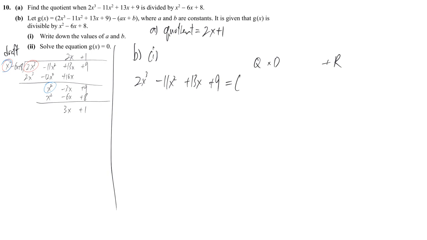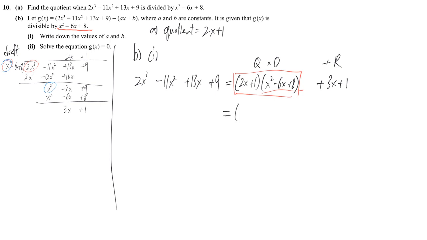So that means it is 2x plus 1 times the divisor x squared minus 6x plus 8, and then plus the remainder 3x plus 1. So this part is divisible by x squared minus 6x plus 8. If you want to know what is g(x) such that it is divisible by this, then you may just remove the remainder.